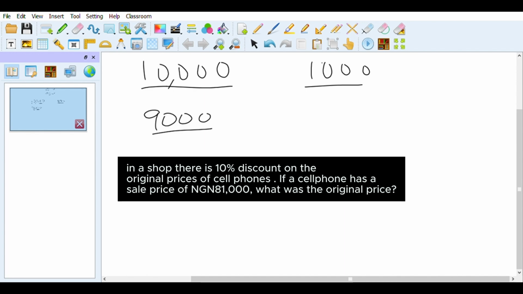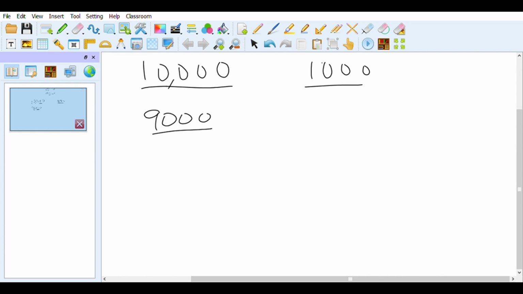Now, listen, reason this question very well. There are a lot of formulas to calculate this discount and original price and all of that. But let's reason out this question. No shortcuts. There is a relationship between percentages, discount, and original price.